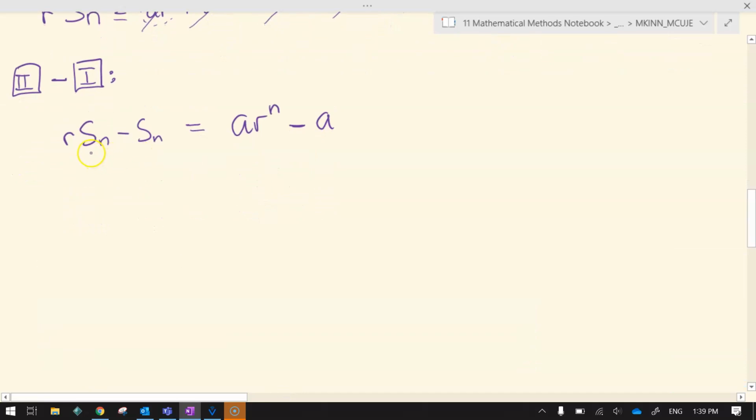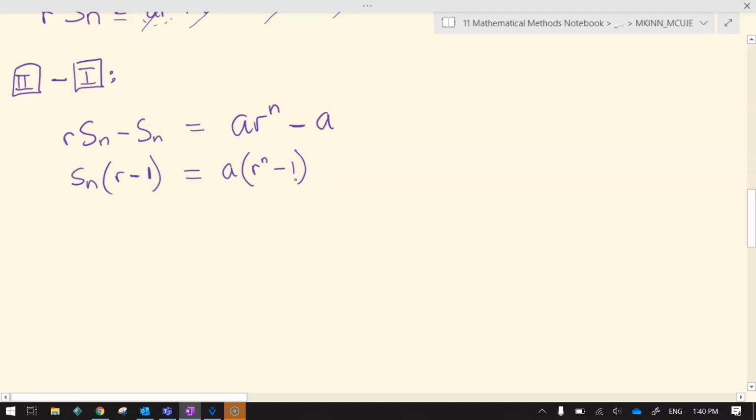So on this left-hand side, you can definitely see Sn as a common factor. The remaining factor is R. Don't forget that there's a 1 here, isn't there? There's one Sn in the right-hand term, so it's R minus 1. On the right-hand side of my equation, the common factor is A. The remaining factors are R to the n minus 1.